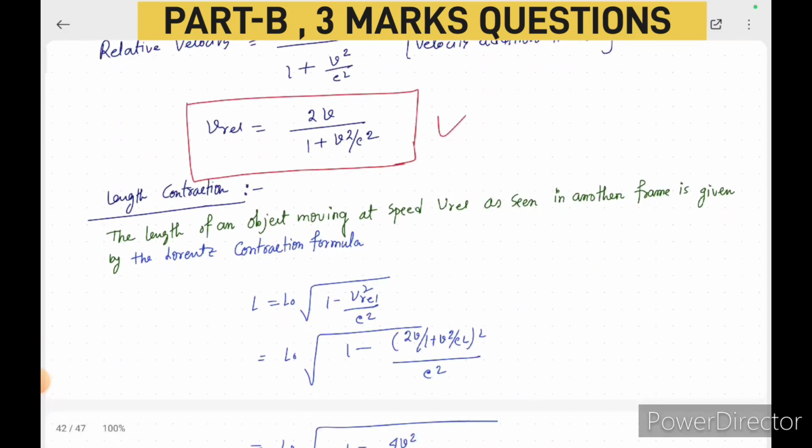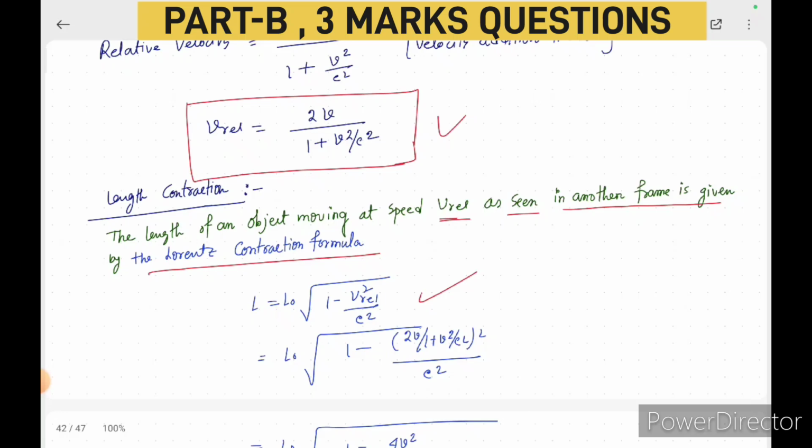Now we calculate the length contraction. The length of an object moving with a speed v as seen in another frame is given by the Lorentz contraction formula: L equals L0 root under 1 minus v relative square upon c square.